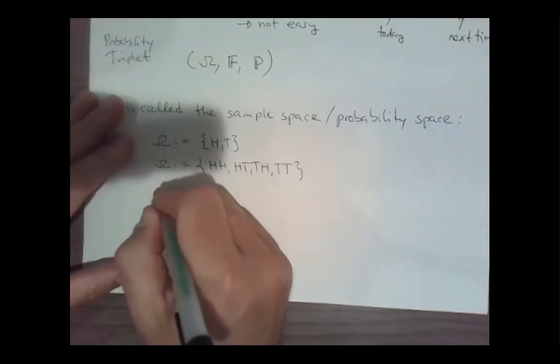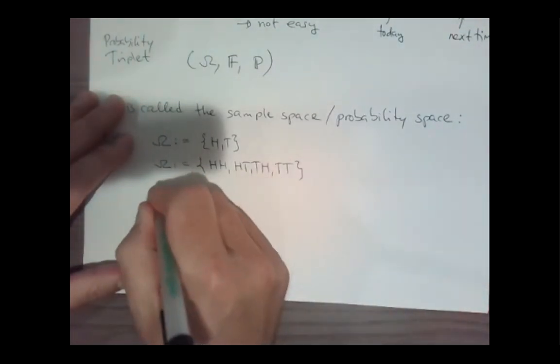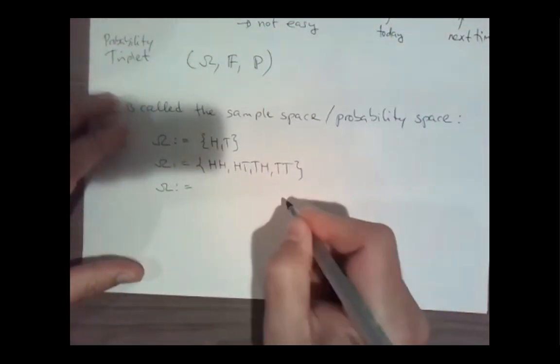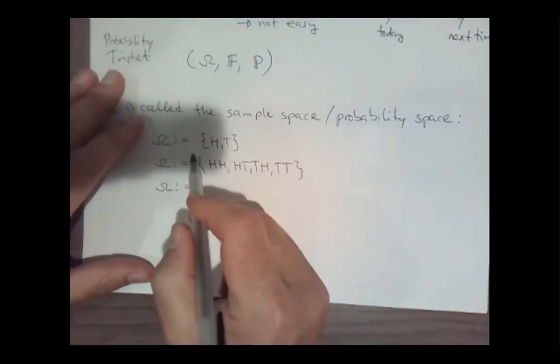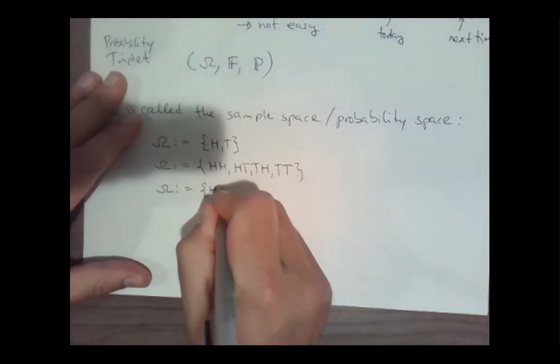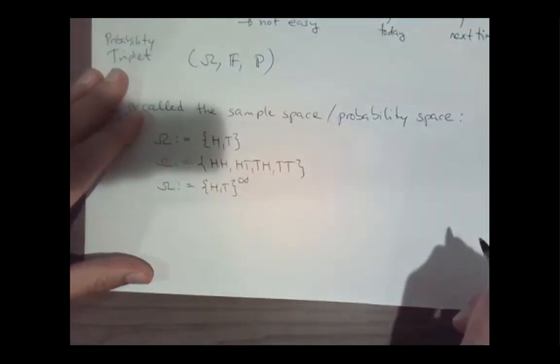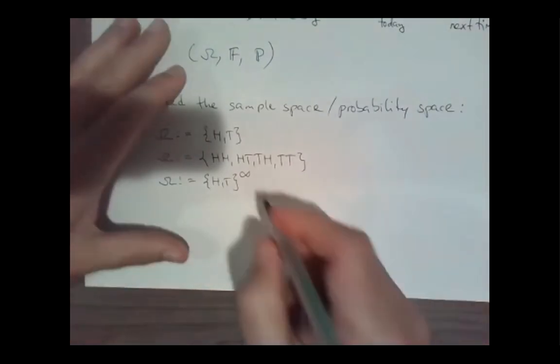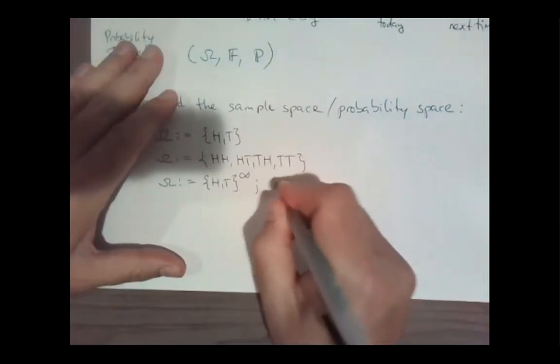We could also have omega be an infinite number of coin flips. So I'll write this as this thing to the power infinity.